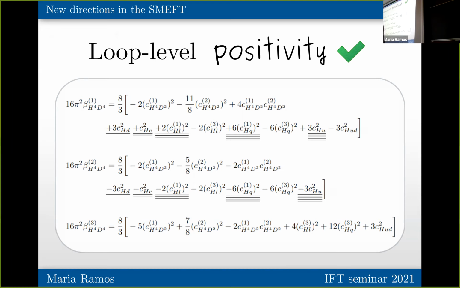And the same for the fermionic contribution. So this beta function is entirely negative irrespective of the signs of the dimension 6 coefficients. So if you imagine that in the UV this Wilson coefficient is 0, you're only running down into the positivity region. So this is completely positive.